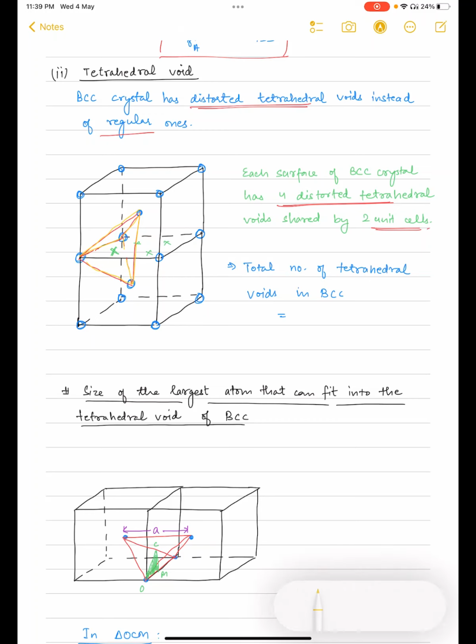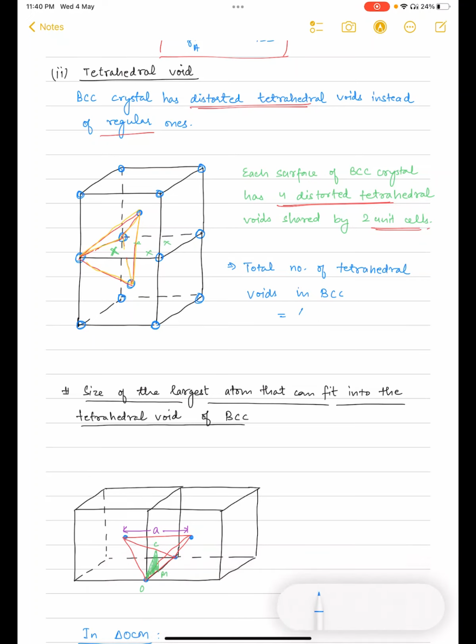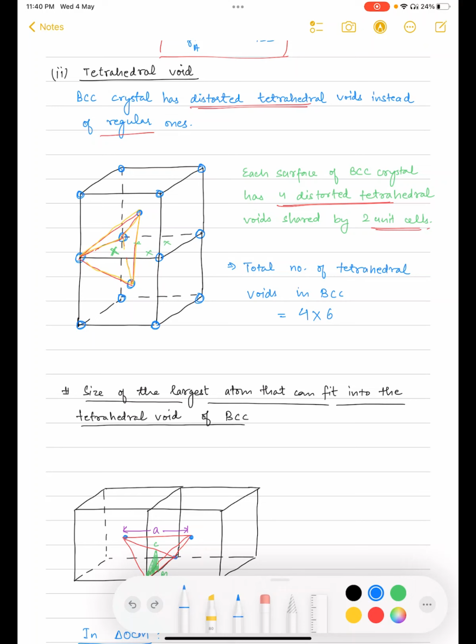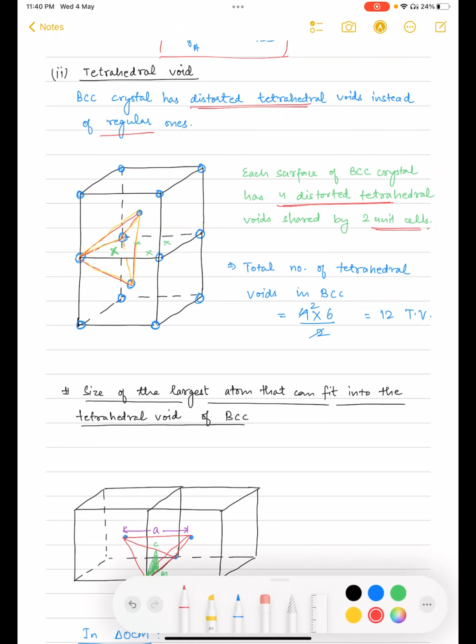So let us see the total number of tetrahedral voids in BCC. 4 on each surface and a total of 6 surfaces, so 4 into 6, and each void is shared by 2 unit cells, so divided by 2. This gives us a total of 12 tetrahedral voids in BCC.